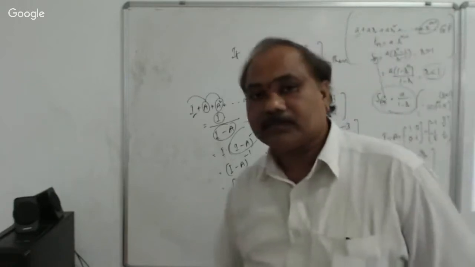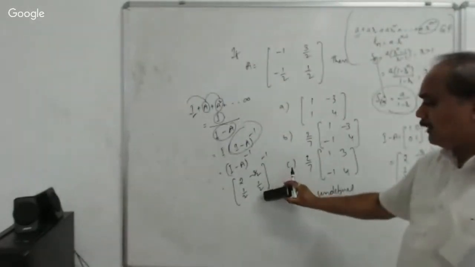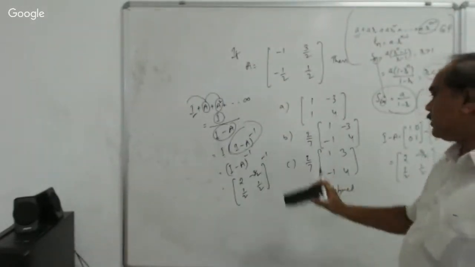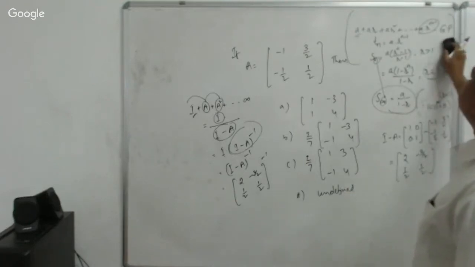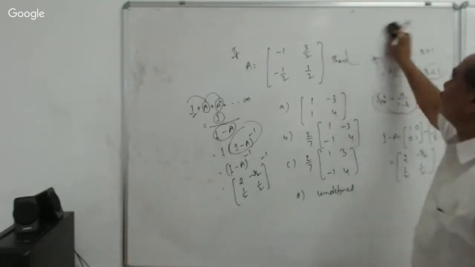Now, another formula: the 2 by 2 matrix inverse formula.